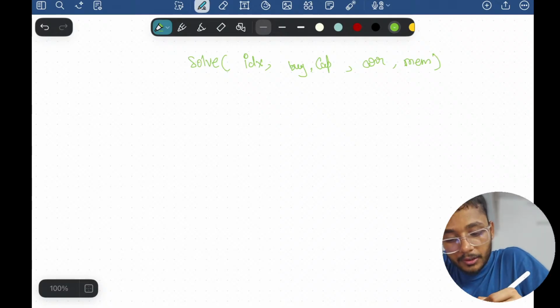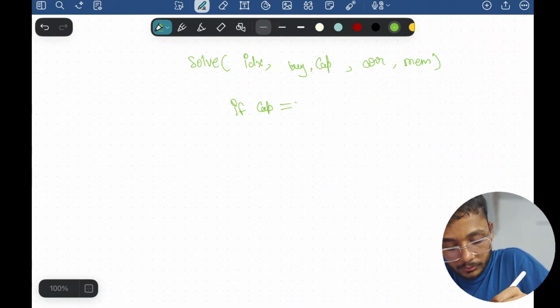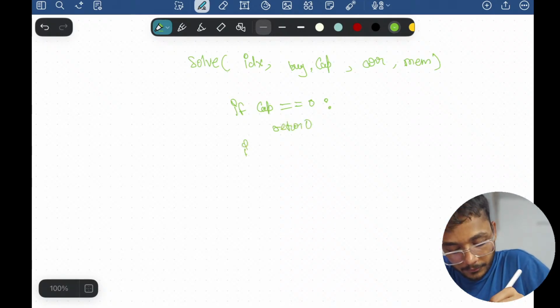First thing, if capacity becomes 0, that means you already exhausted your transactions, you already made 2 transactions, so you cannot do further, and you will return 0.